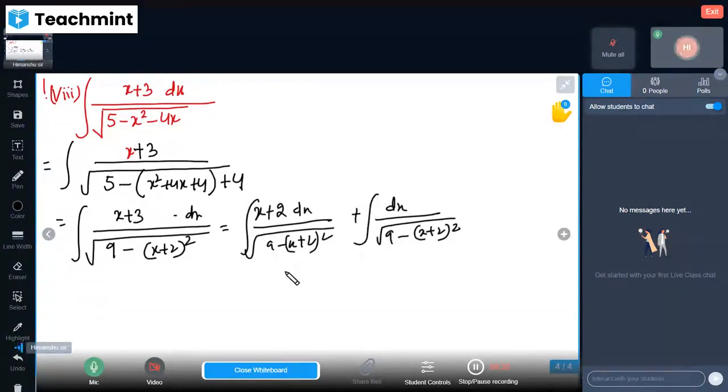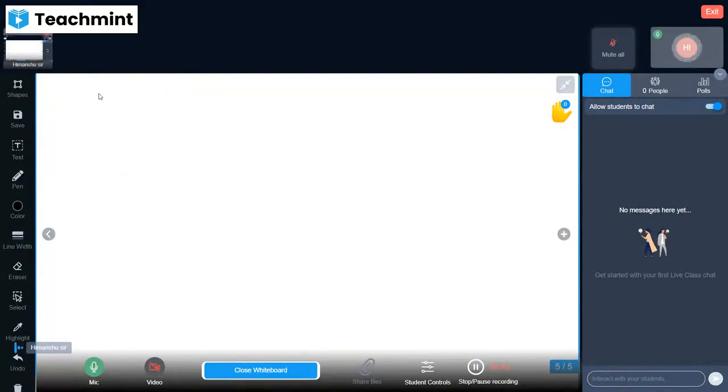So it is divided into two parts, I1 and I2, and we can do them separately. Let's consider this is the integration I. First do I1: x plus 2 upon root of 3 square minus (x plus 2) square, dx.